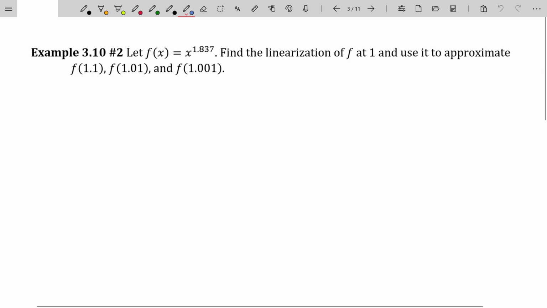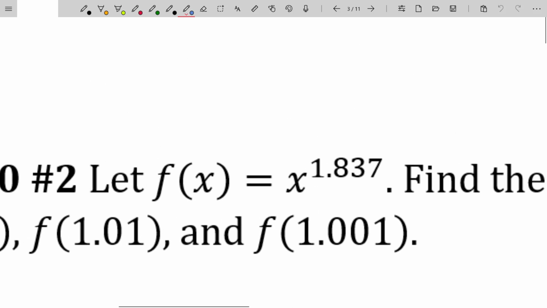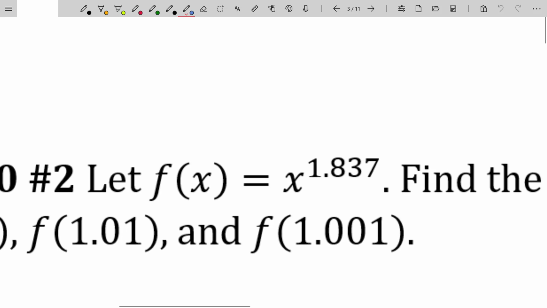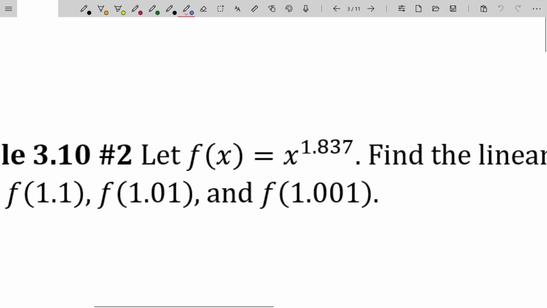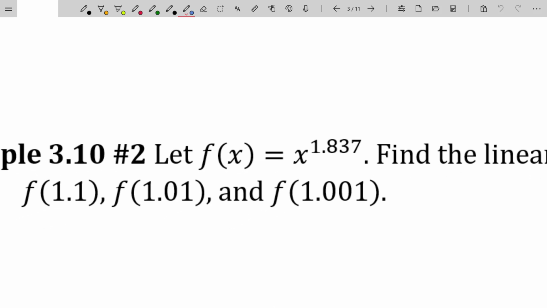All right, let's go ahead and just consider this function. f of x is equal to x raised to the 1.837 power. Terrible looking power, right? And you want to evaluate that function at 1.1, 1.01, and 1.001. Notice what I'm doing. I'm saying we want to evaluate that function at values nearer and nearer to 1, just to showcase that this is going to be easy to evaluate by hand, actually.